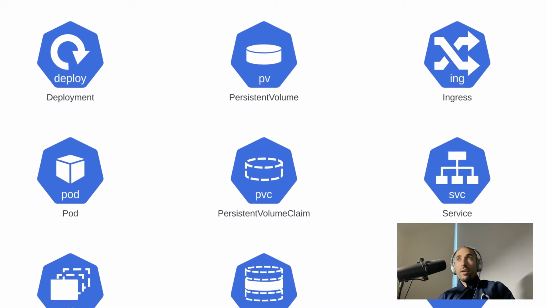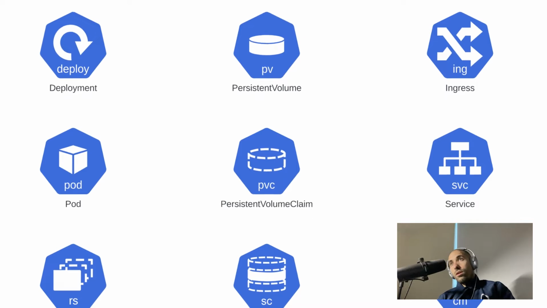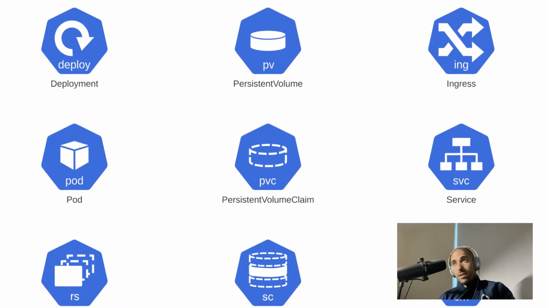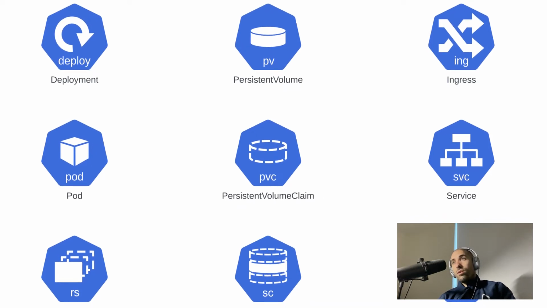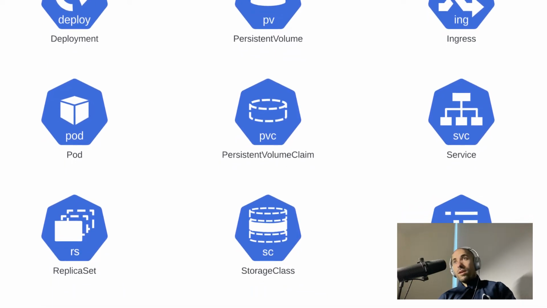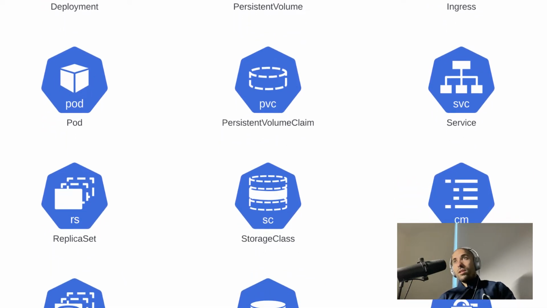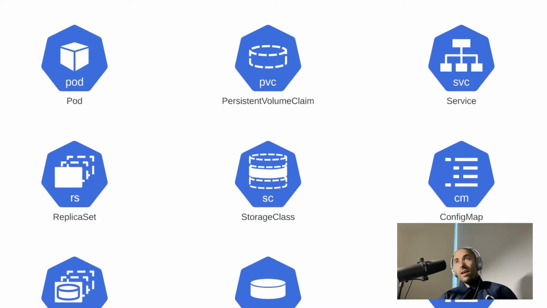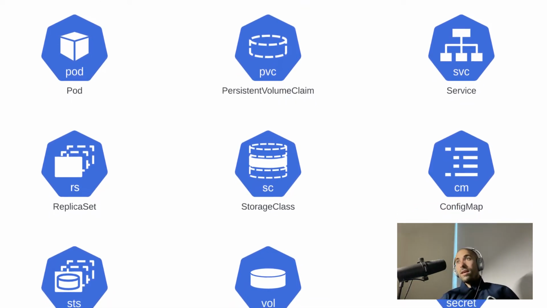A pod is a wrapper around your containers, usually Docker containers. A persistent volume claim is used by your services and pods to connect to persistent volumes that have been defined. Services allow you to scale your pods and deployments and replica sets, and manage the desired state that your deployment should be in.